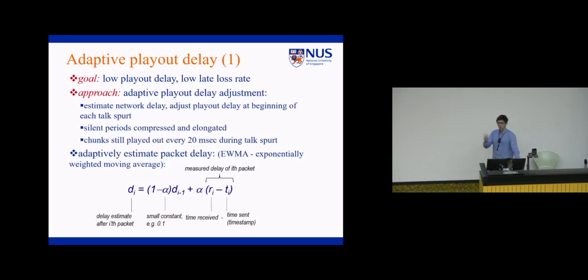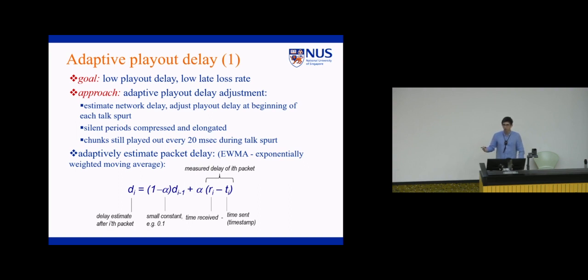So in the previous example, you saw how the delay and loss trade-off works when choosing the playout delay. So ideally, we want both a low playout delay and a low loss rate. So our approach here could be adaptively choosing that playout delay instead of fixing it.